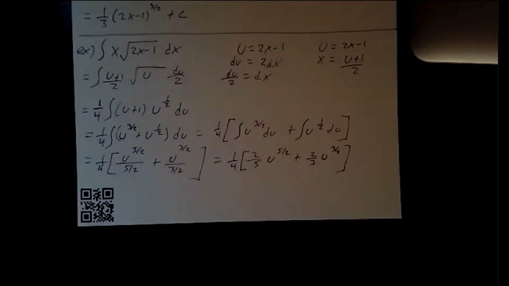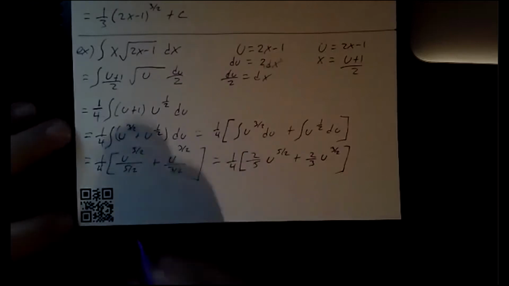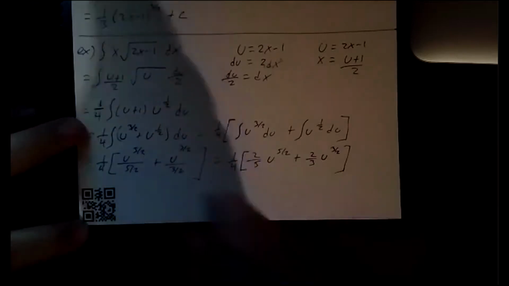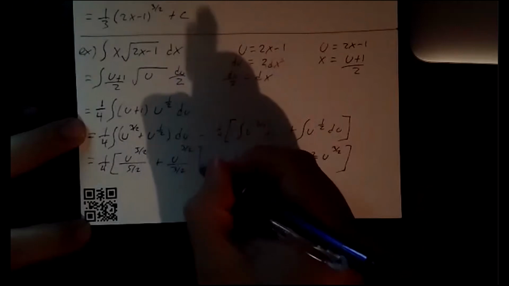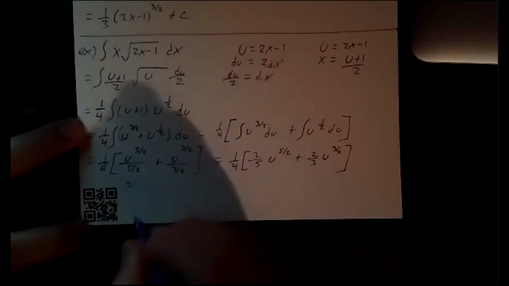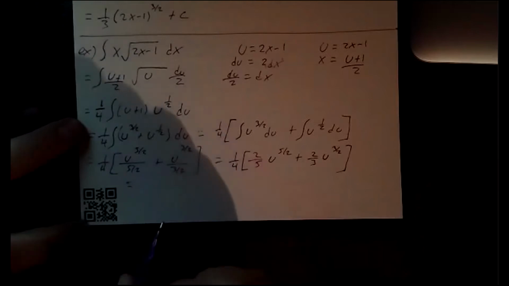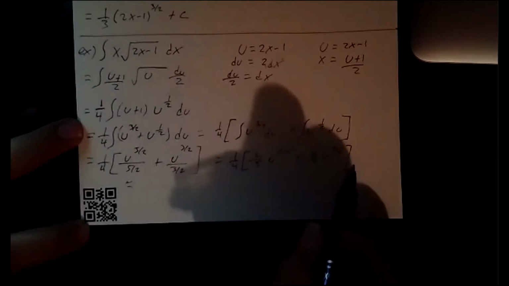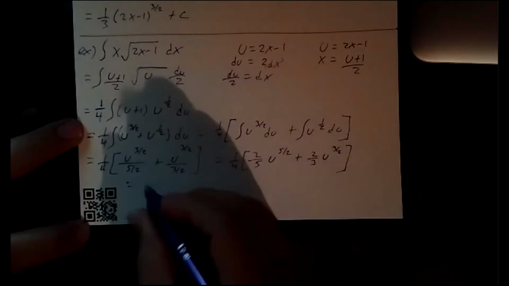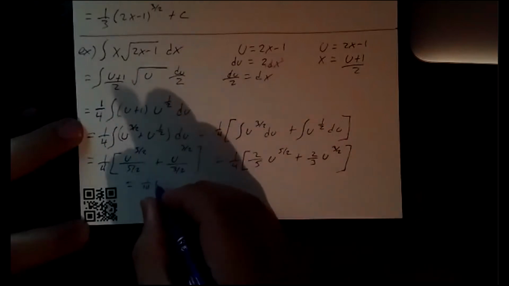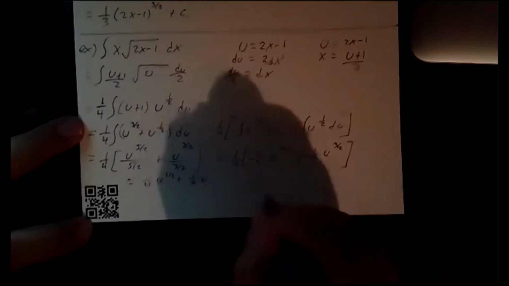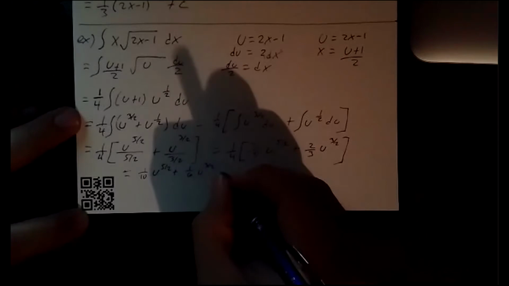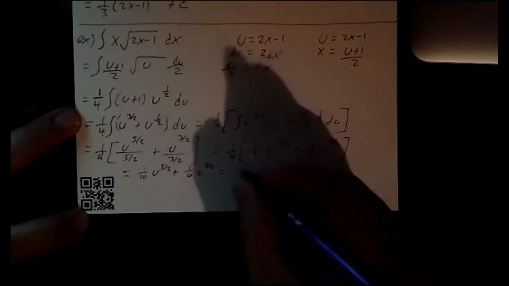Almost done here. Let's shrink this a bit. So that will be, distribute the 1/4 then, you're going to get 1/10 u to the 5/2 plus 1/6 u to the 3/2, and then bring back what u is supposed to be.